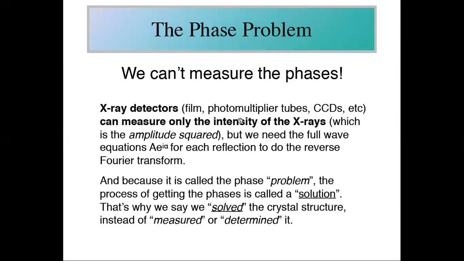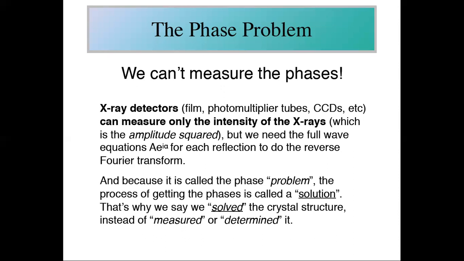what is the phase problem? We can't measure the phases. X-ray detectors like film, photomultiplier tube, CCD, etc. can measure only the intensity of X-rays, which is amplitude squared, but we need the full wave equation, that is F e^(i alpha), for each reflection to do the reverse Fourier transform.